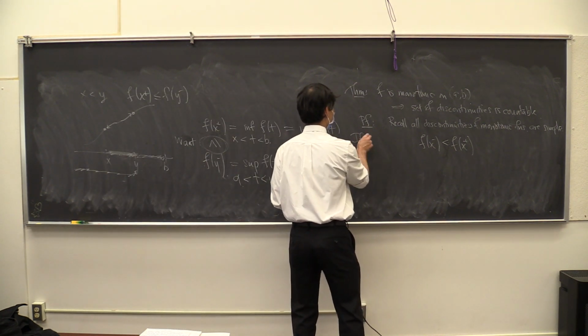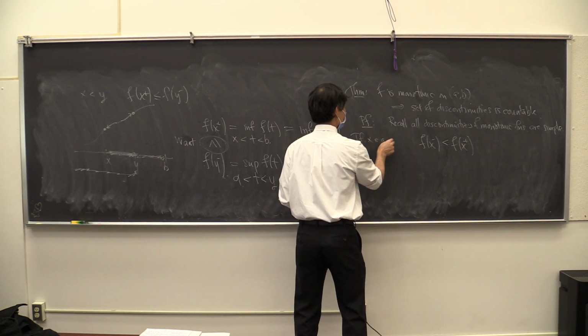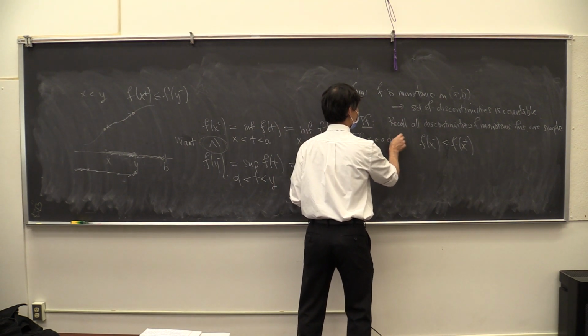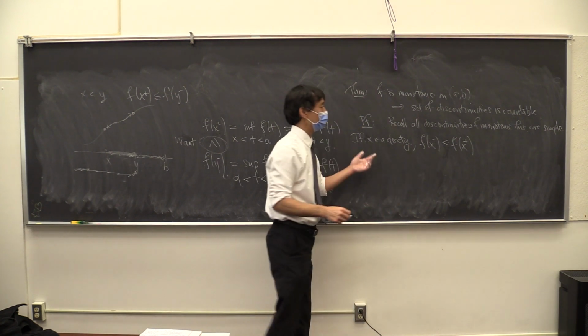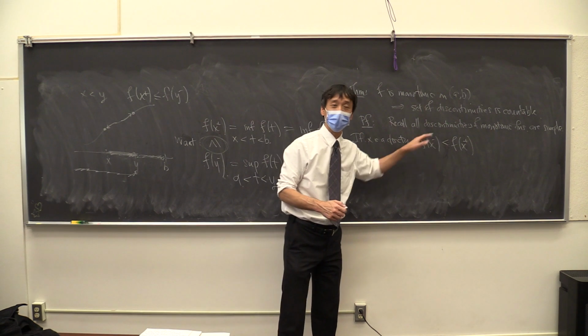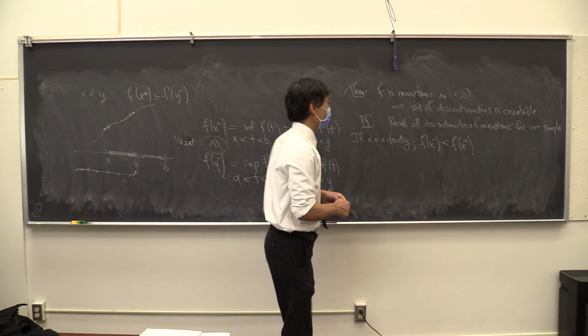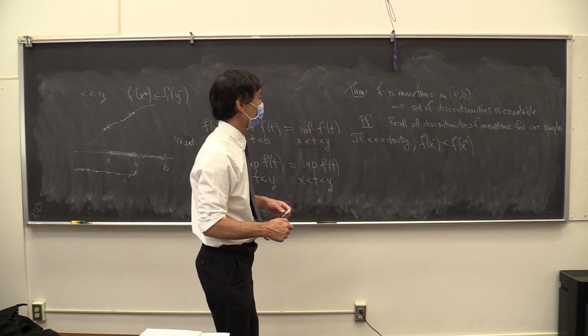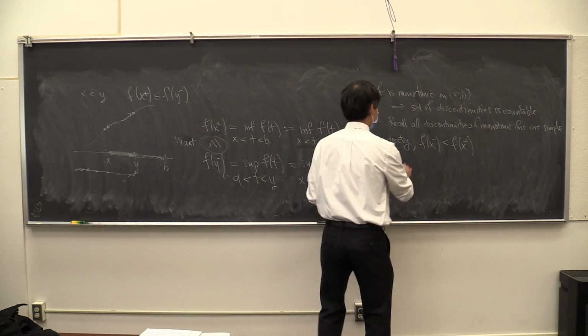So if x is a discontinuity, then we know that the left limit is going to be less than the right limit. It can't be equal because then it wouldn't be a discontinuity. Okay.